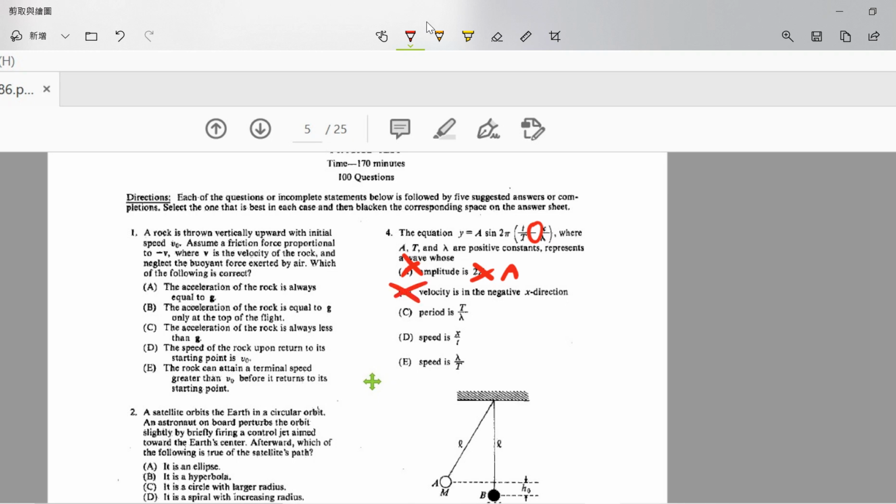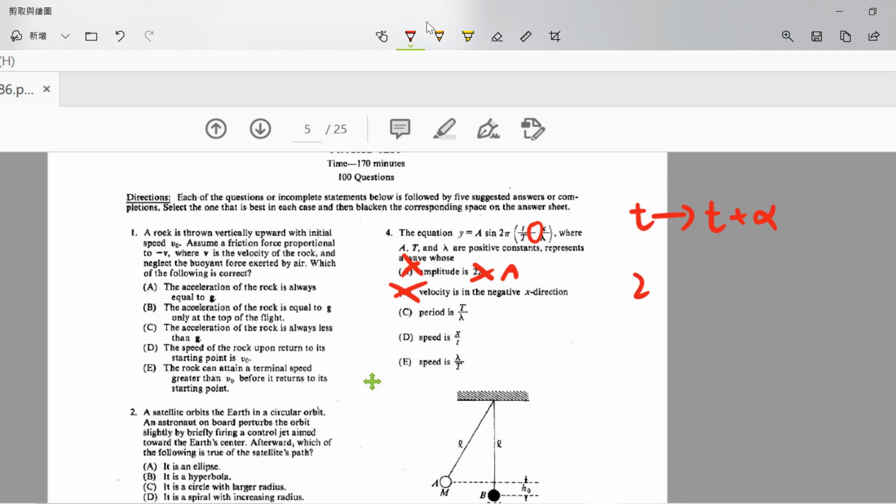The period means that when the time goes to t plus something, the wave should be the same.